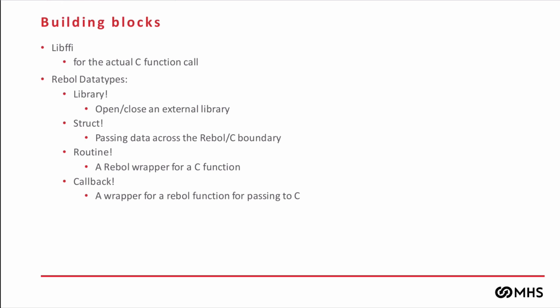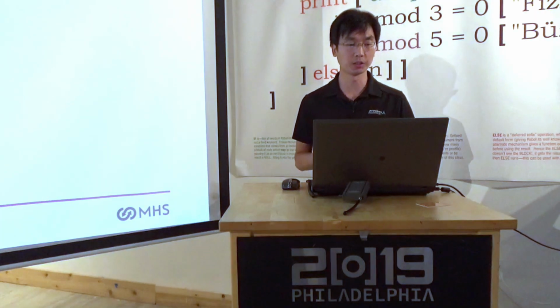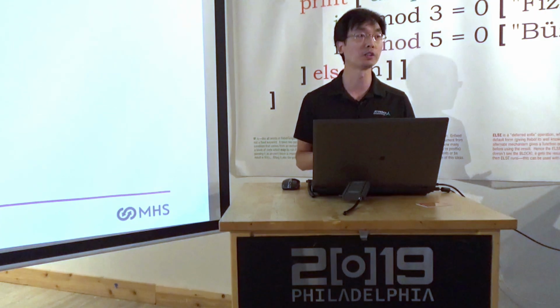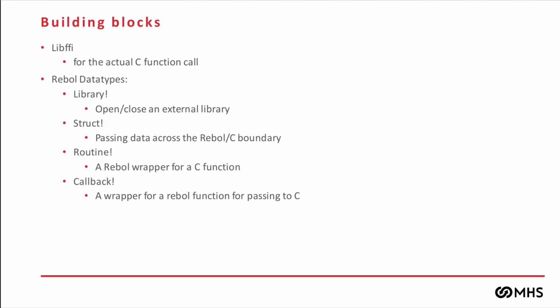First thing is the library, of course. You need to open an external library. The second one is the struct, which is very important in exchanging the data between Rebol and the C function. The third one is the routine, which is just a wrapper to a C function. The fourth one is the callback, which I just talked about, passing a Rebol function to a C function.